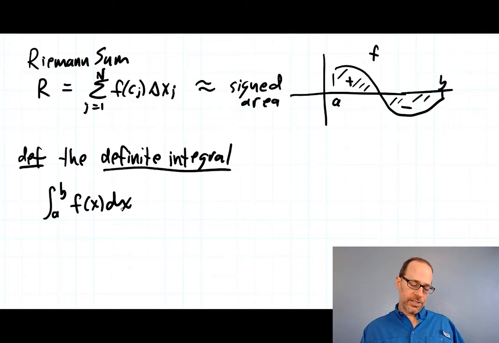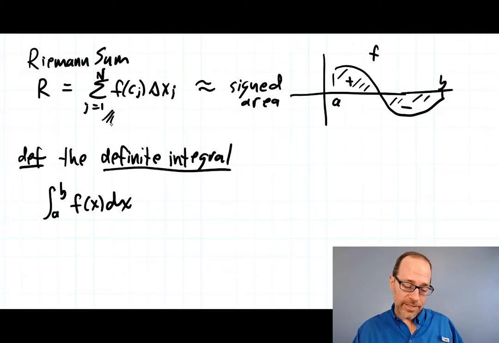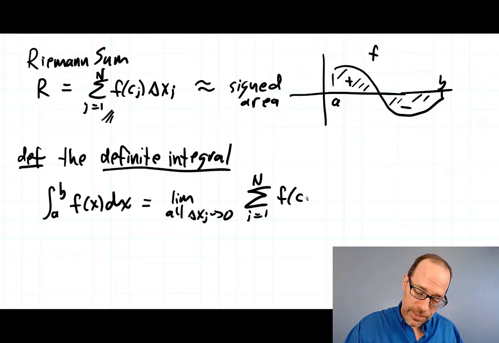That sign is a very shallow elongated S, the integral sign, because it's related to the letter S for sum that came about in the sum part of the Riemann sum. So that elongated S looks like an S on purpose. It's called the integral of f dx, and by definition you take the limit as all the delta x_j's go to 0 of the Riemann sum, the sum from j equals 1 up to capital N of f of c_j delta x_j.